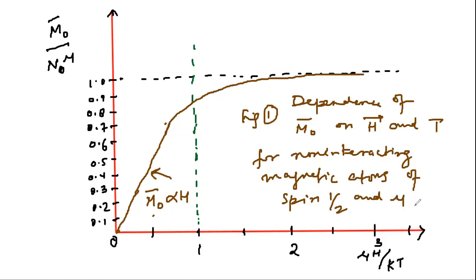So this is the dependence of mu bar on H and T for non-interacting magnetic atoms of spin half and mu. So this completes our discussion of paramagnetism.